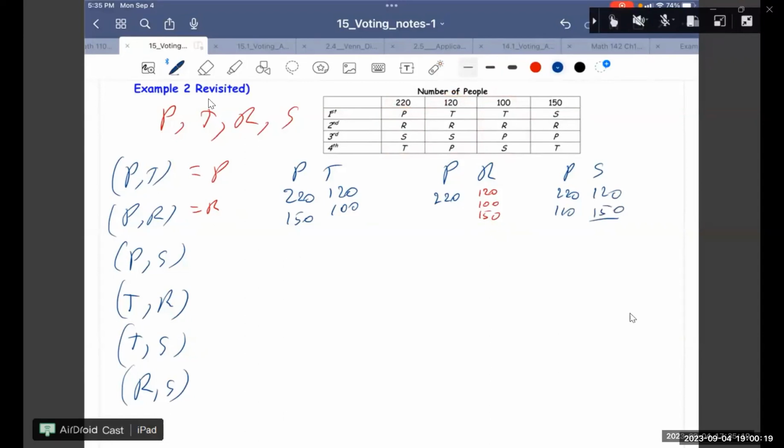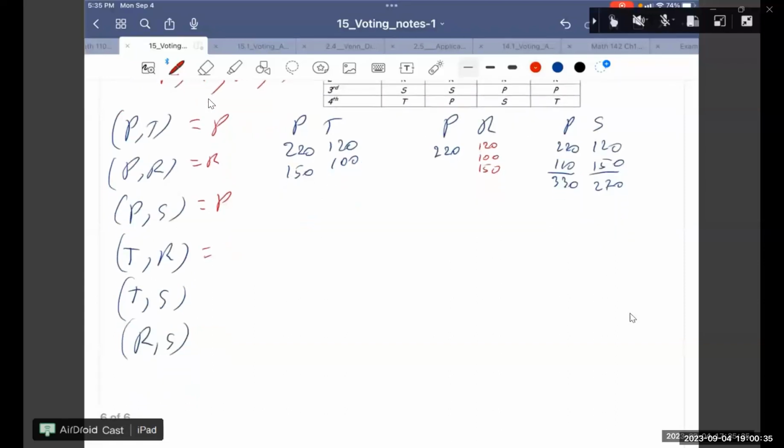So this one is 330 and this one 270. So this one is a P, and we can continue to do the same thing. So this one is the R, and this one is the S, and this one is the R.